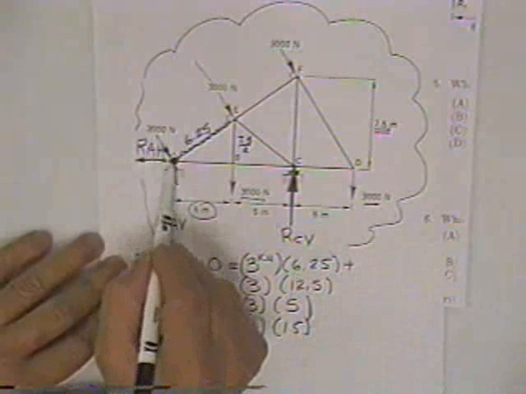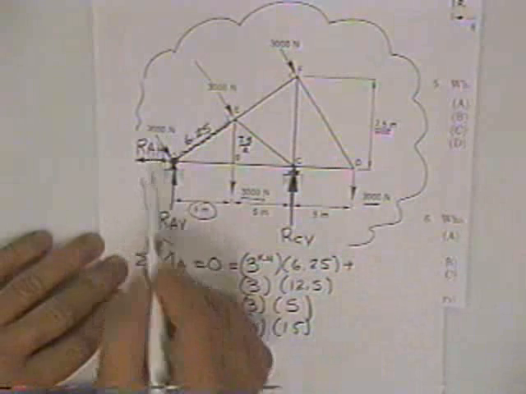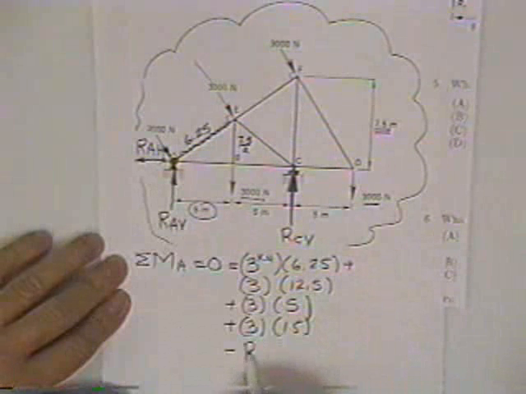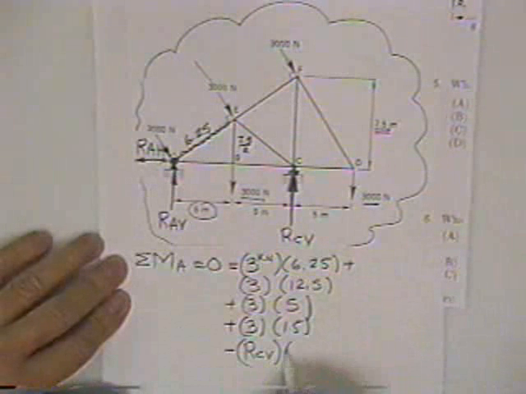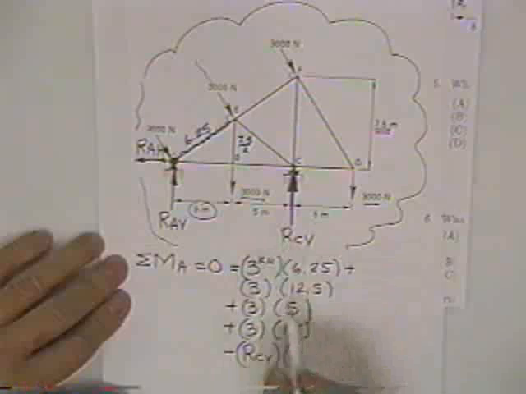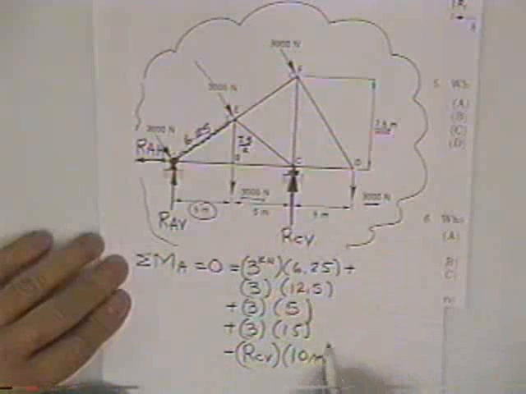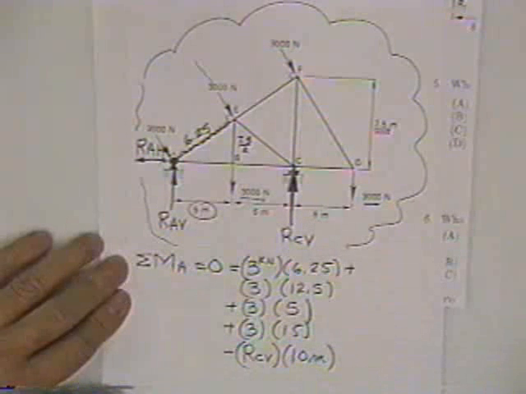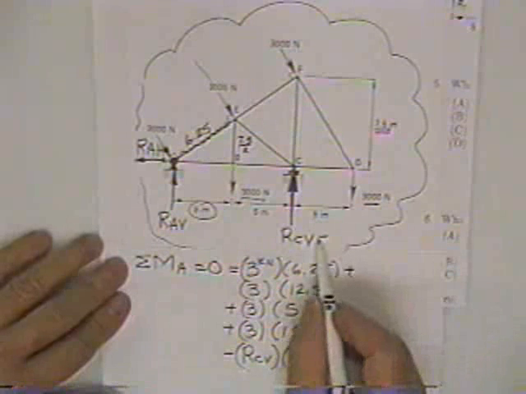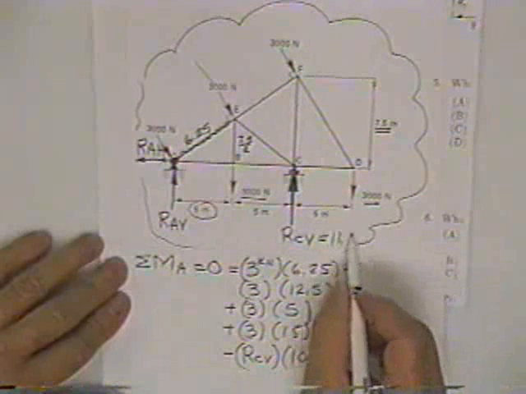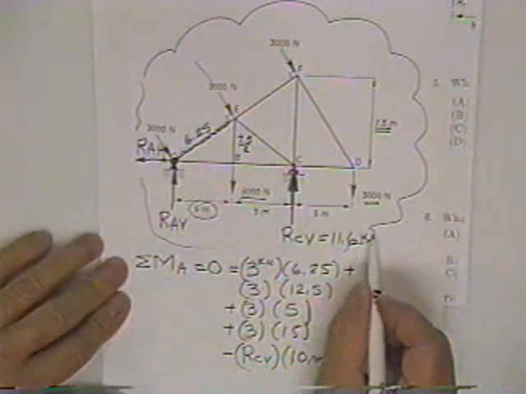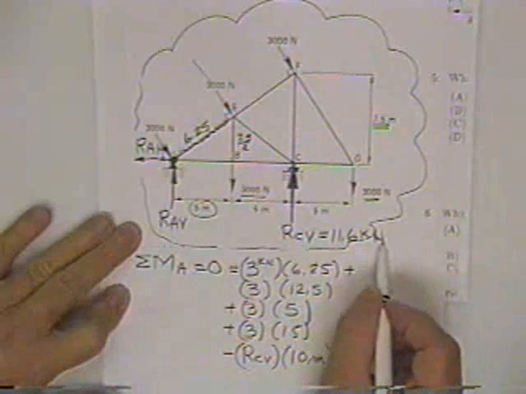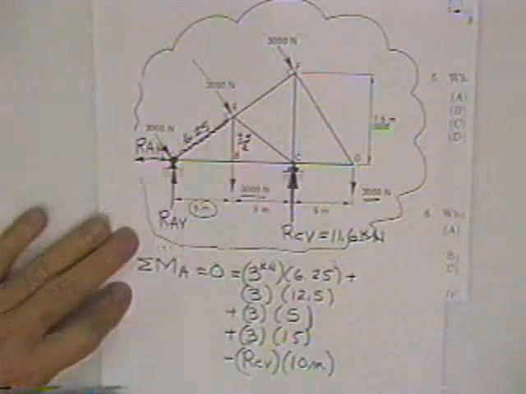There's this one here, of course, but he goes through point A, so we don't have to mess with him. Minus the reaction at C vertical, and multiply that times 10 meters, and solve for R sub CV, whatever it is. Did you already get it? 11.6. Okay, 11.6 kilonewtons. You have to be a little careful because everything else is shown as newtons.